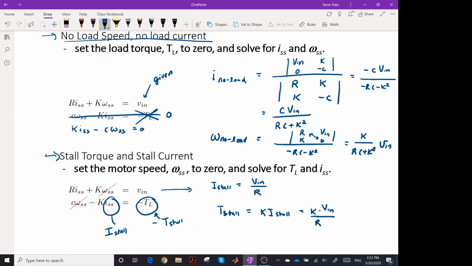So when you're shopping for a motor, I don't want you to be afraid. These are the values, and this is how you find them given the motor properties.